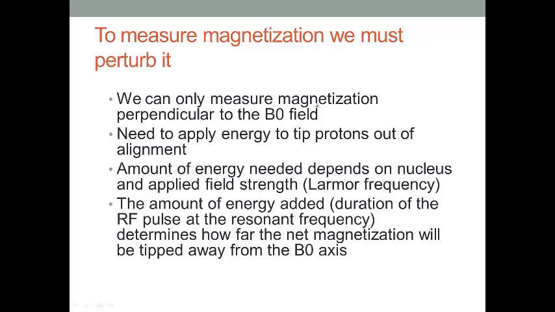Currently, the net magnetization is parallel to B0. So we need to do something to apply energy to knock the protons out of the alignment. Okay, that's what we need, the radio frequency from outside, to tip the net magnetization of the protons away from B0.